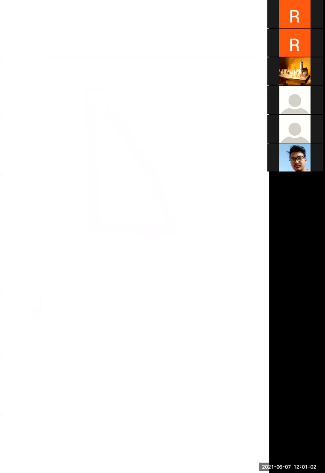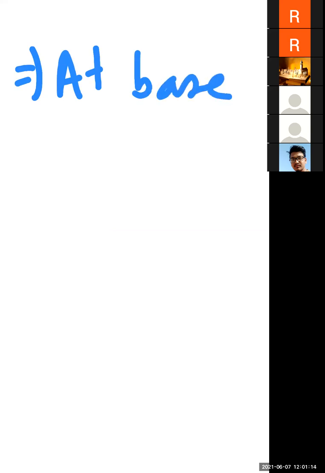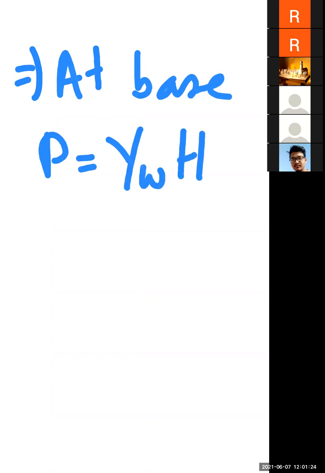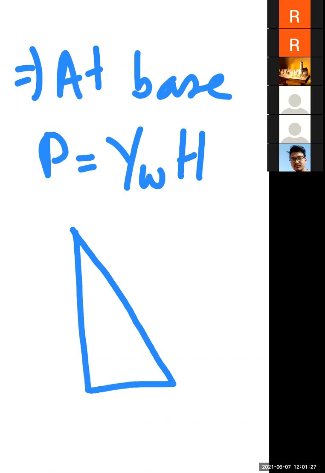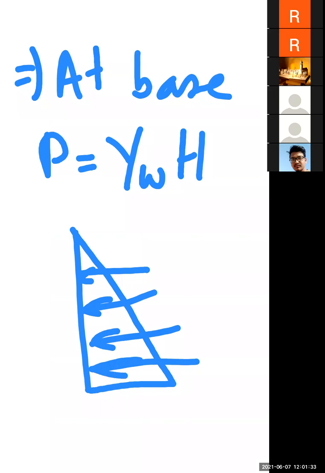At any depth h or at base, the maximum water pressure becomes gamma W into H. Why is it maximum? Because water pressure increases linearly.